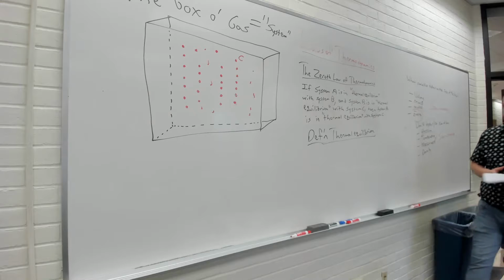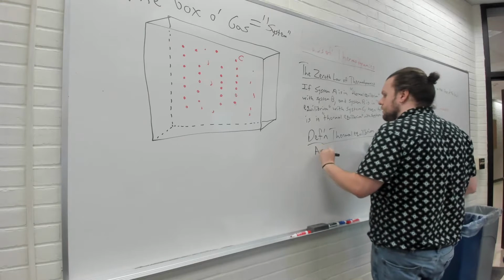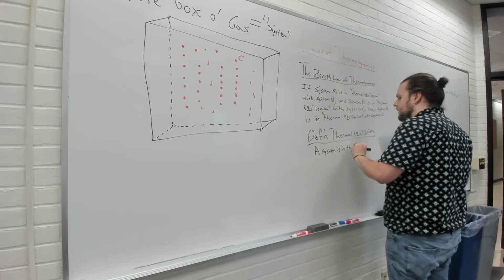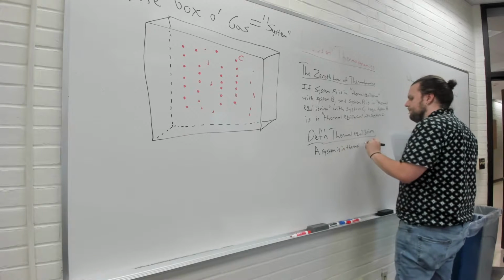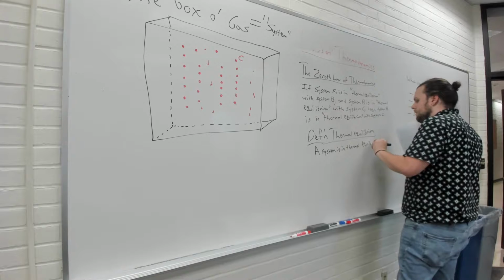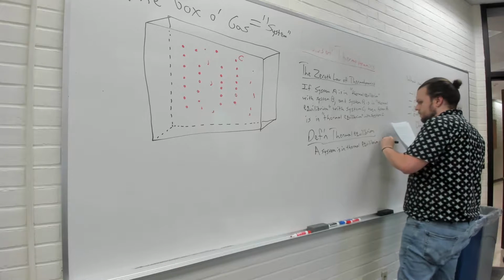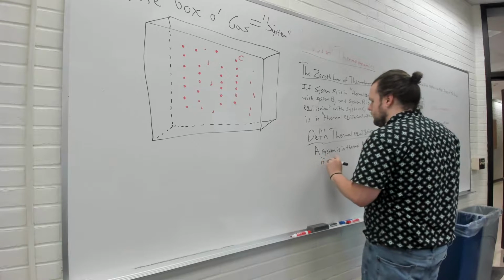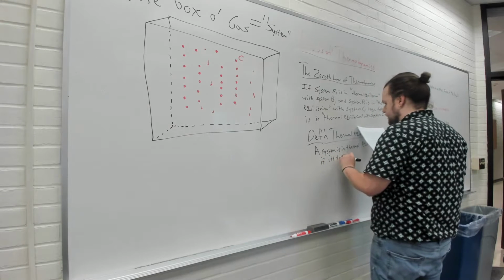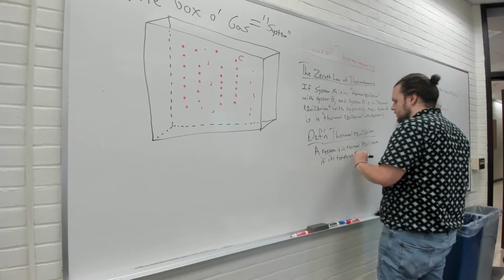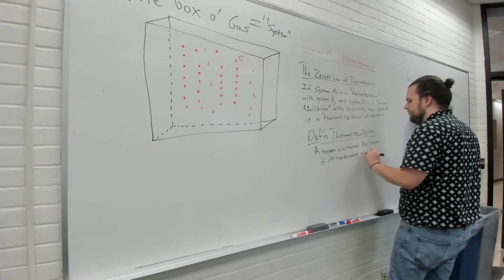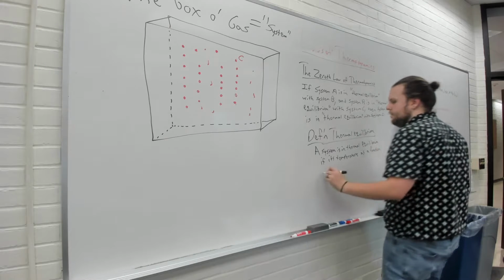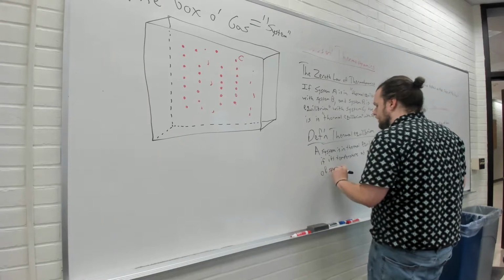Okay, so a system's in thermal equilibrium if and only if its temperature as a function of space, I'll explain what I mean by that in a second, is constant in time.